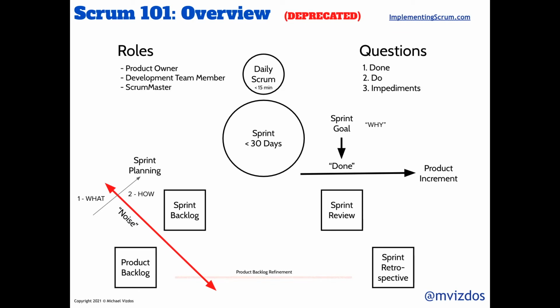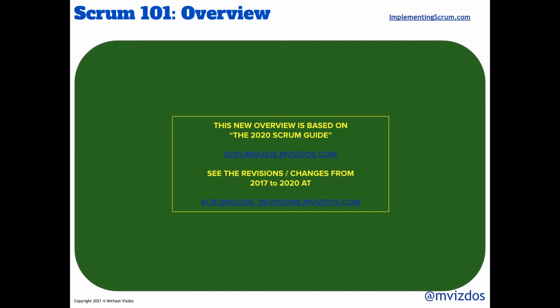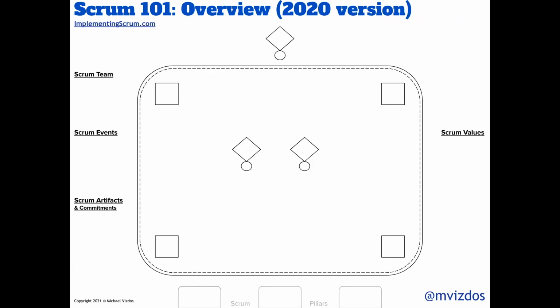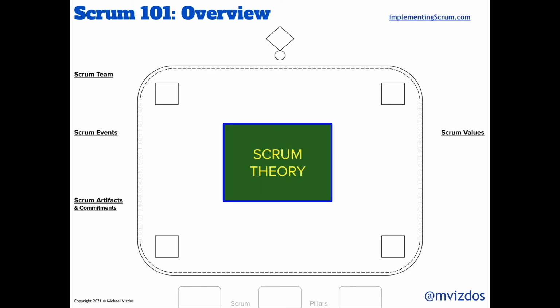This may look familiar to you. However, with the introduction of the new overview in the 2020 Scrum Guide, you can see the revisions and changes from the 2017 to the 2020 version at scrumguide_revisions.mvizdos.com. This video concentrates on the 2020 version and will begin with the Scrum theory.